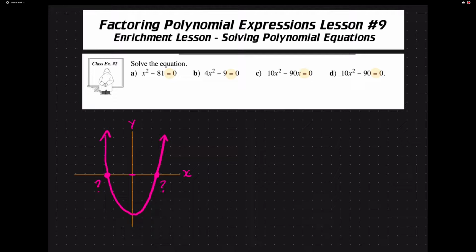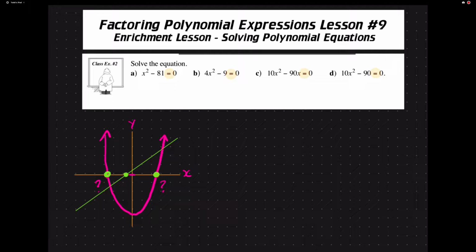This parabola, which is different than a straight line like this, passes through the x axis at 2 points, whereas a straight line will only go through one time. So in this case, we're going to have 2 possible values for our x.